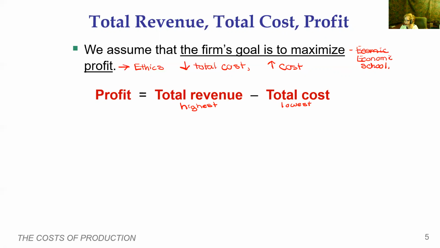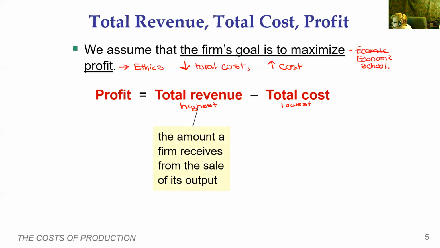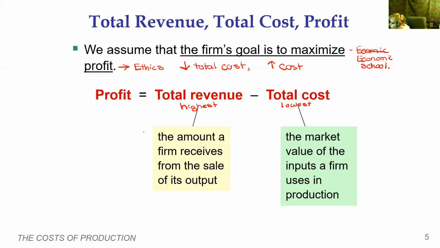Now, just to put this again into the context of what you've been looking at, the total revenue is that area below the price, but above the supply curve. And again, if we have a demand curve here and a supply curve here, this is our price equilibrium. Here's our quantity equilibrium.